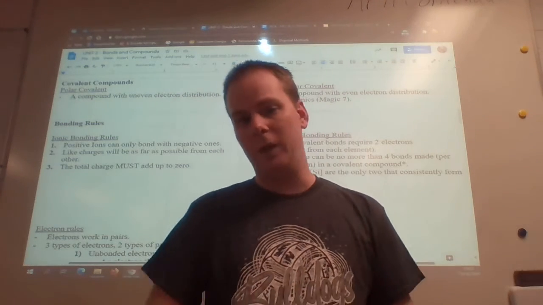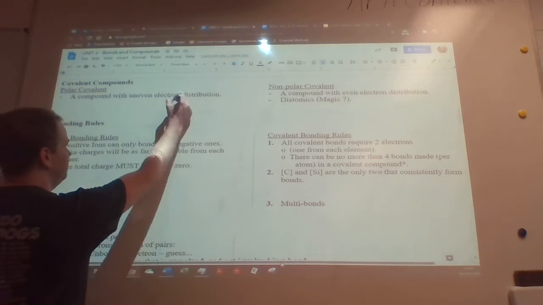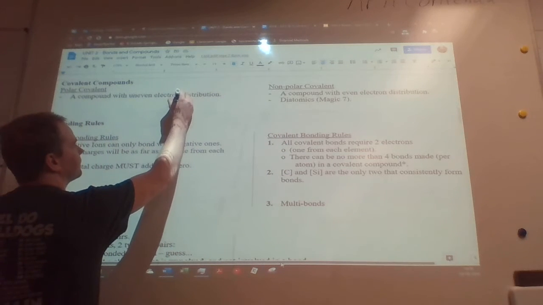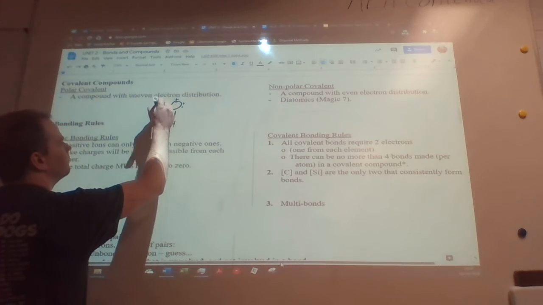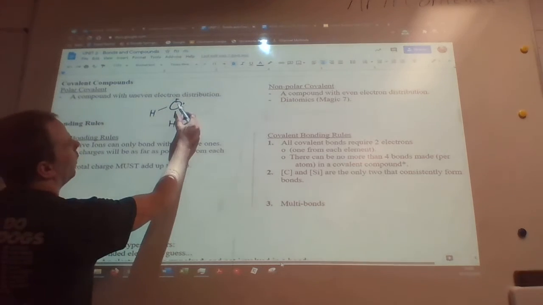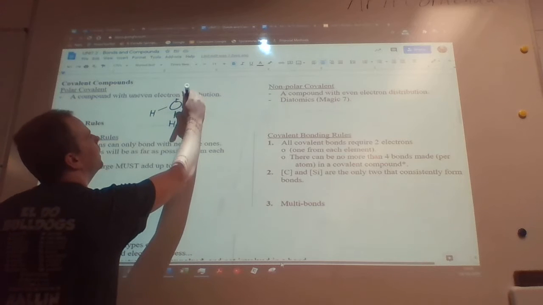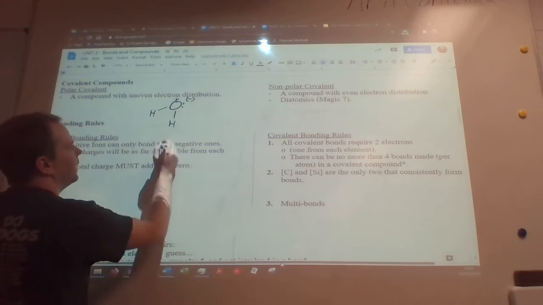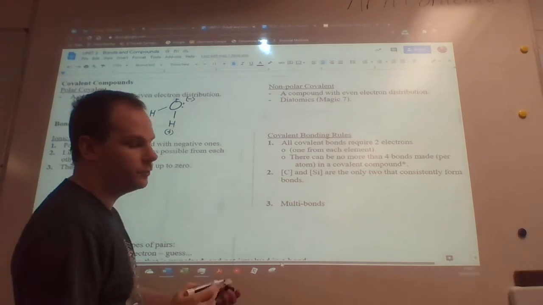First off, a polar molecule you're extremely familiar with is water. Okay, so water has a negative end by the oxygen, and it has positive ends by the hydrogen.